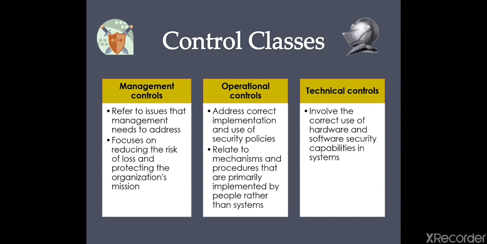It is not related to the decisions to be taken by the top management, like the management controls, and it is not related purely to technical controls like software or hardware, that is in the third class, but it is rather related to the mechanisms of the implementation.